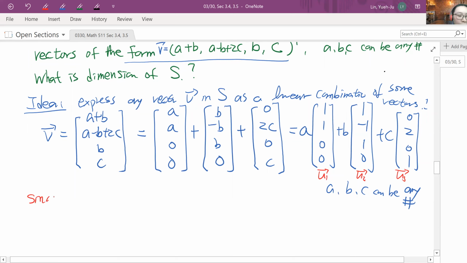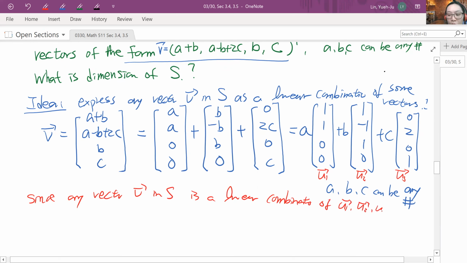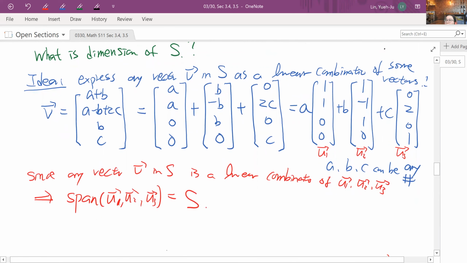Since any vector v in S is a linear combination of u1, u2, and u3, this basically tells you that these 3 vectors span the vector space S, right?